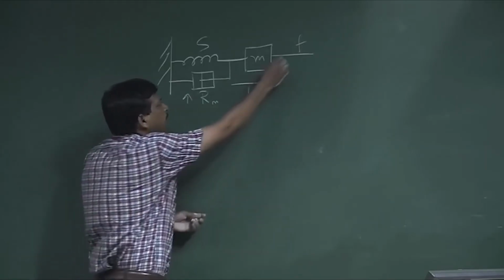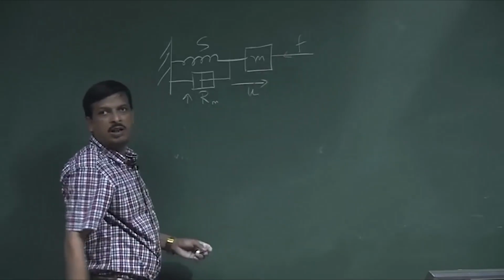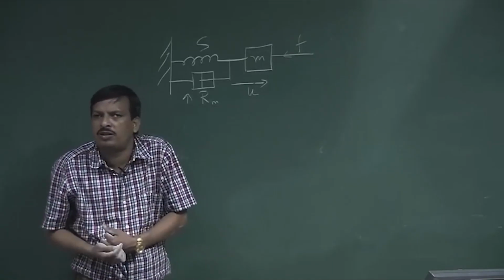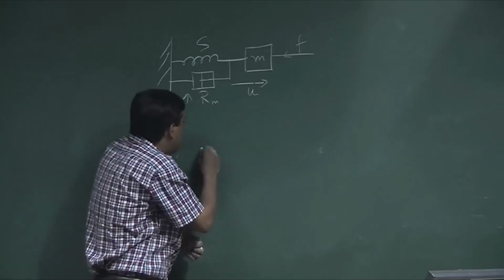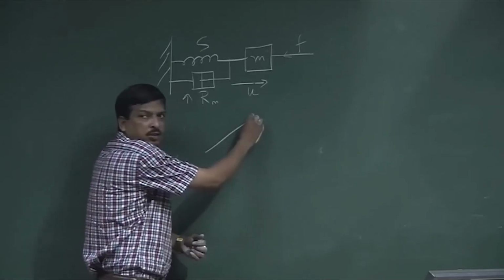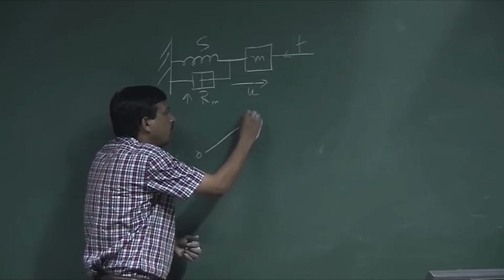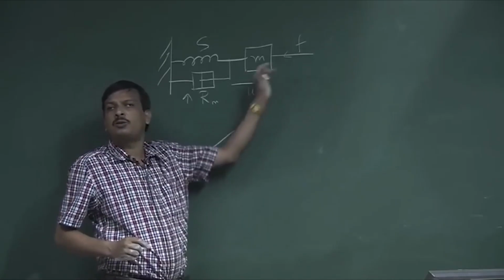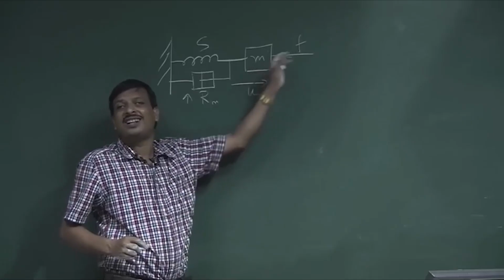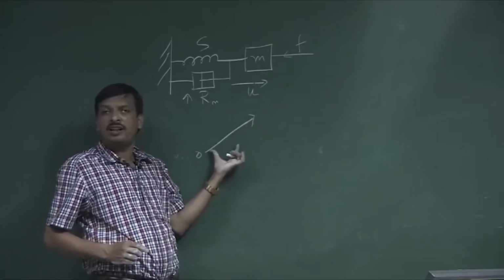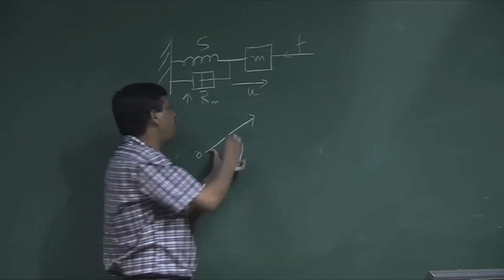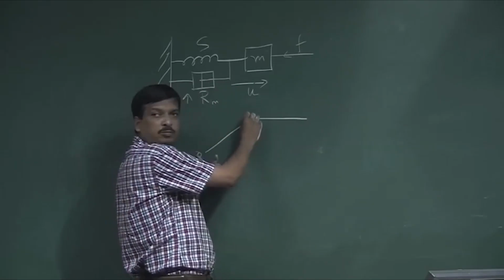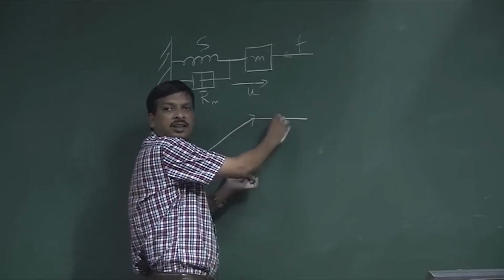When I apply a force, then and there it cannot oscillate as per the force frequency. So, there should be a transitory portion from the rest position to when it reaches steady state, and then it will oscillate as per the force frequency. So, forced oscillation has two parts, the transitory portion and the steady state portion.